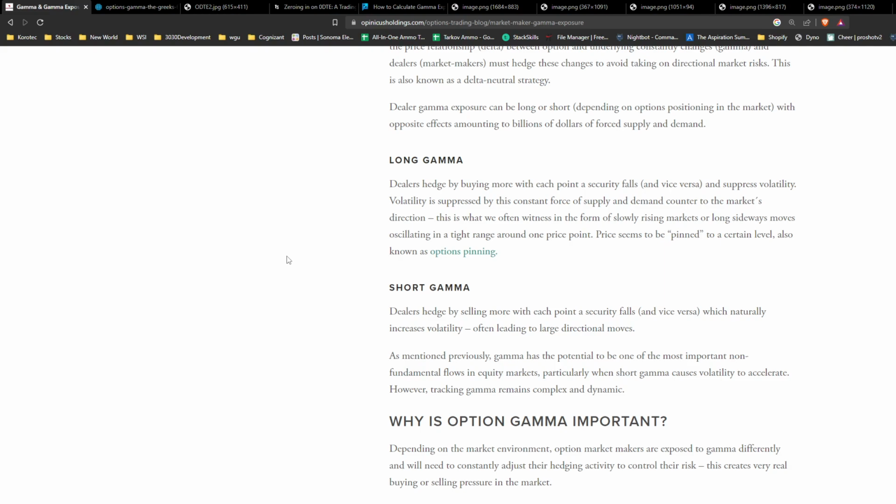Volatility is going to increase. The moves will be a lot cleaner to both the upside and the downside. Now, a lot of times when we're in the negative gamma territory, we have flipped from longs to shorts.